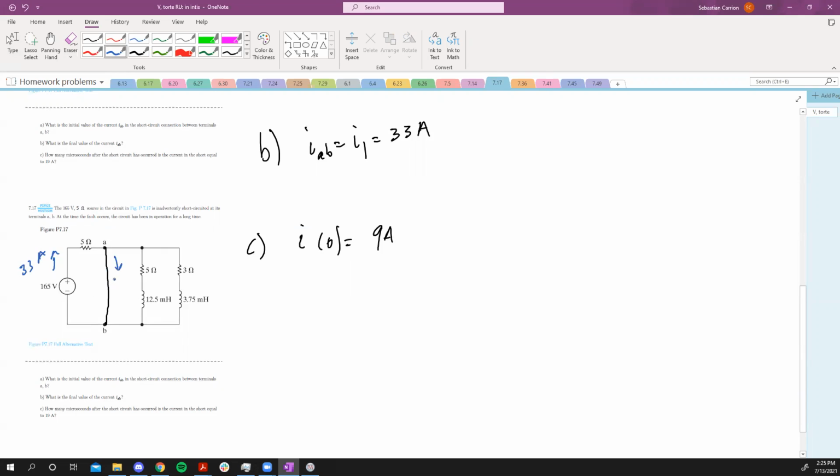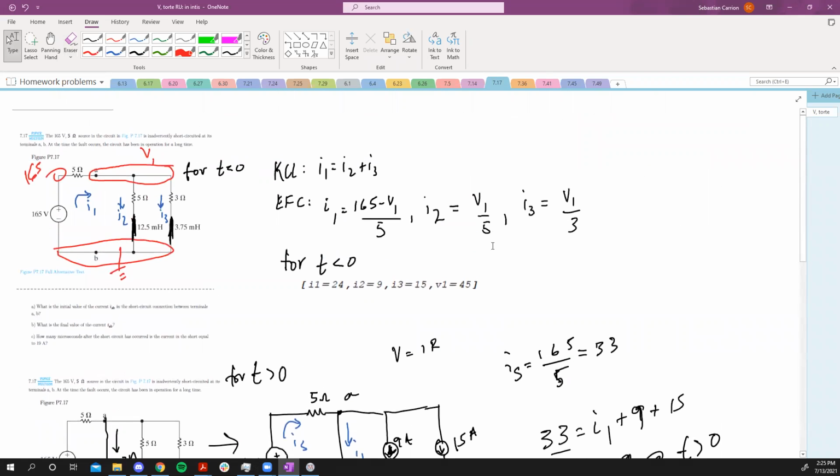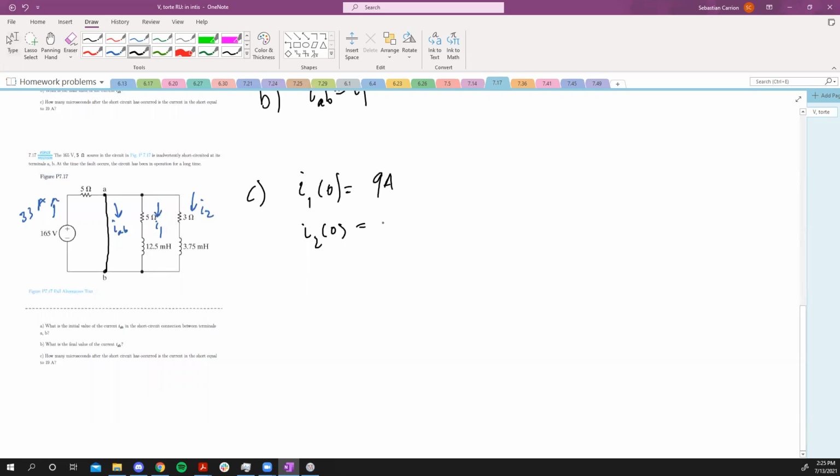I'm going to call this current IAB, call this I1, call this one I2. I1 at 0 would be 9 amps, and I2 at 0 would be 15 amps.